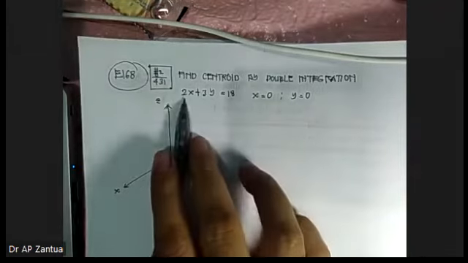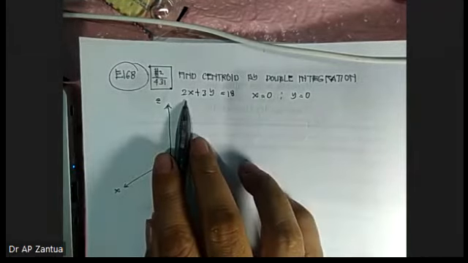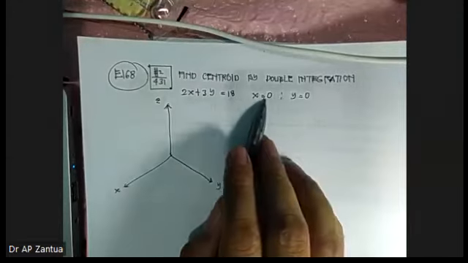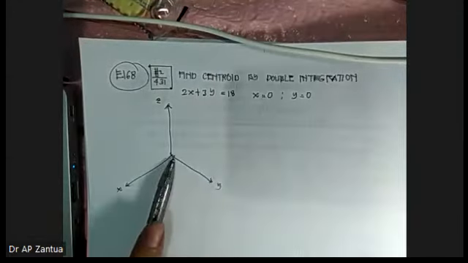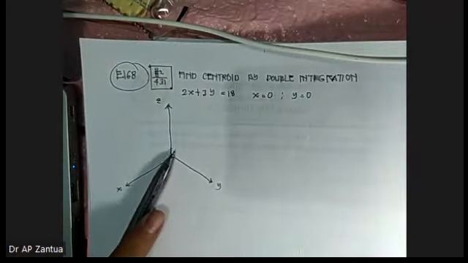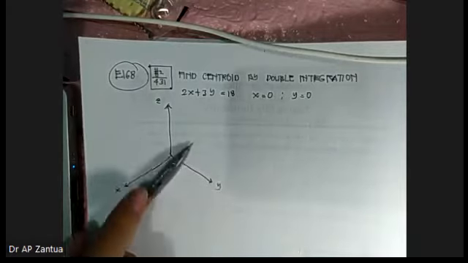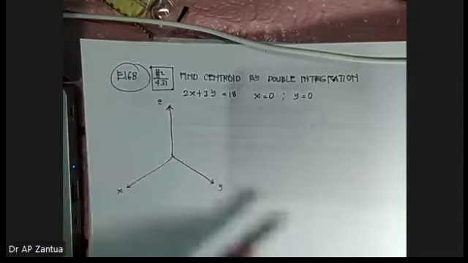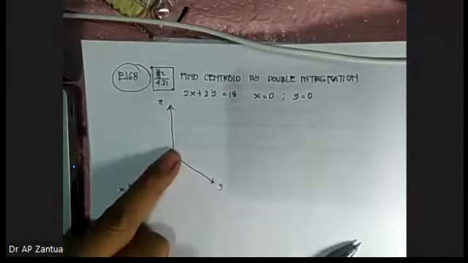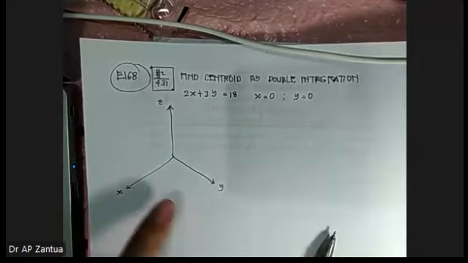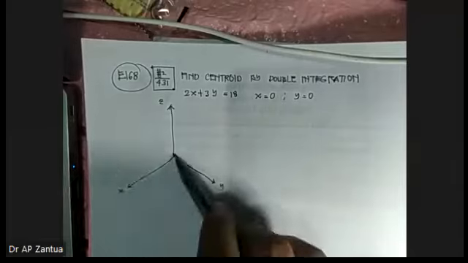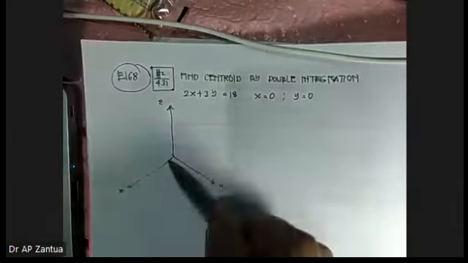So we have a plane surface 2x plus 3y is equal to 18. X equal to 0, that means all of the parts from this point up to this point, because this is the x.